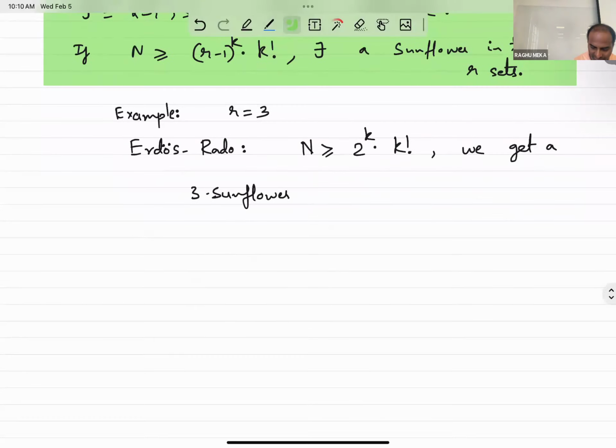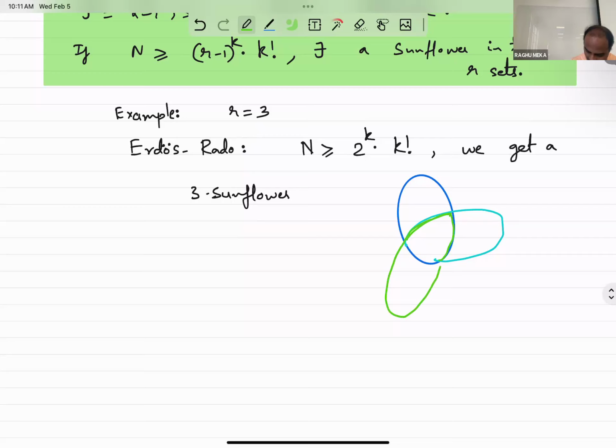A 3 sunflower is just a collection of 3 sets, right? Which look like this. This is my first set. This is my second set. And my third set should be this. Okay. As long as I have any collection of sets which is more than 2 to the k times k factorial, I am going to find 3 sets which look exactly like this. All right.